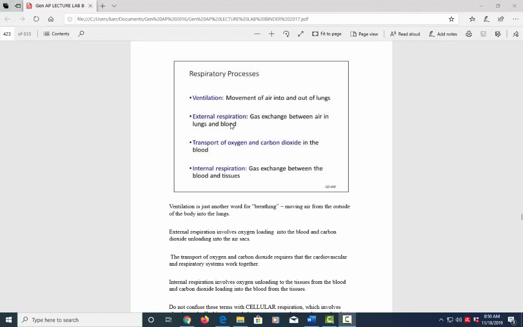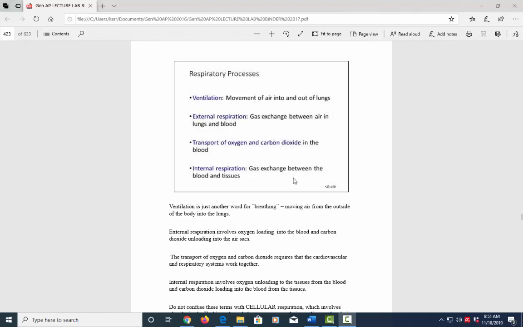External and internal respiration refers to gas exchange. You can see they both have that term in common, but it's where the gas exchange is occurring. External respiration is when we're referring to the movement of oxygen into the blood and carbon dioxide out of the blood. So that's external respiration, when those gases are moving between the lungs and the blood.